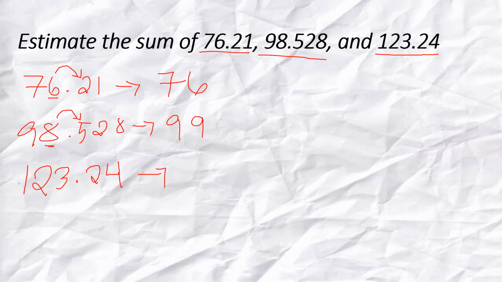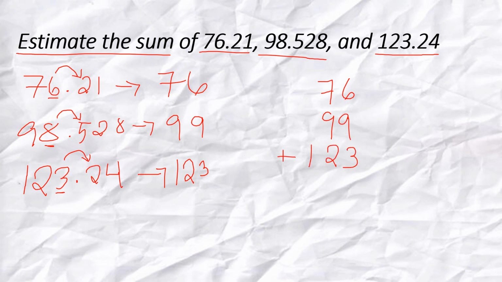123.24. The number on the ones digit is 3. And the digit to its right is 2. So we need to round down. Nothing will happen, or you will not do anything to the digit 3. So it will stay as 123. Since this is estimating the sum, we just need to add all the rounded values. So 76 plus 99 plus 123.